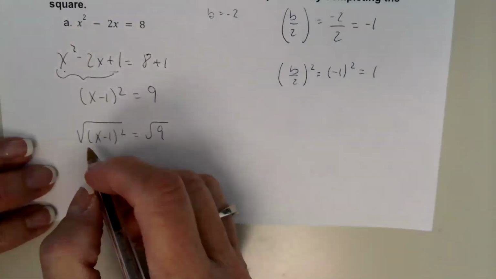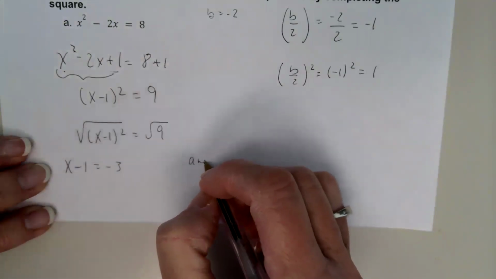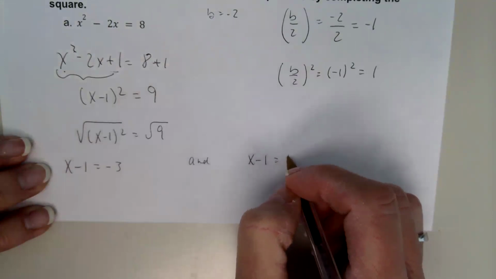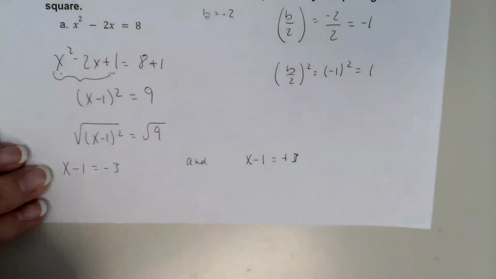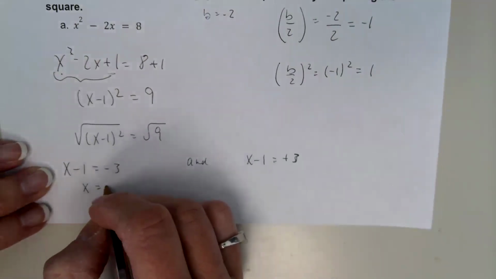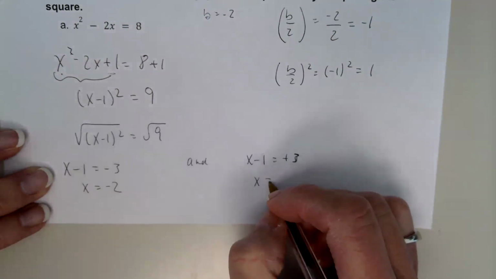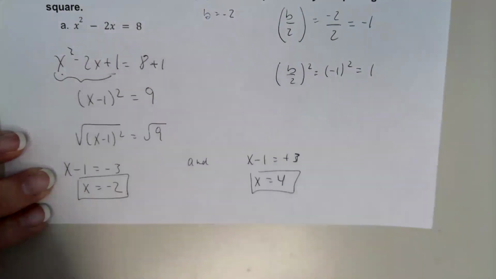And when I do that, I get x minus 1 equals a negative 3 and x minus 1 equals a positive 3. And then to solve for x, I'm going to add 1 to both sides. So I get a negative 2 and a positive 4. Those are my two solutions.